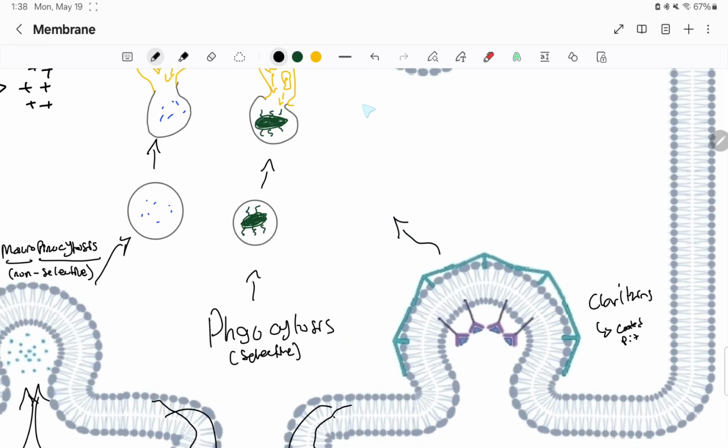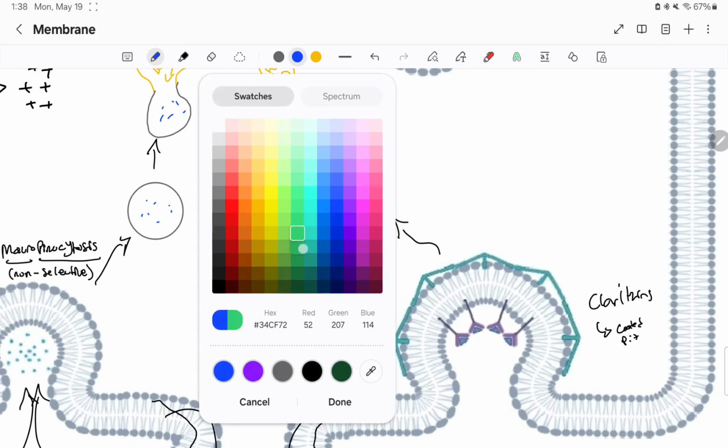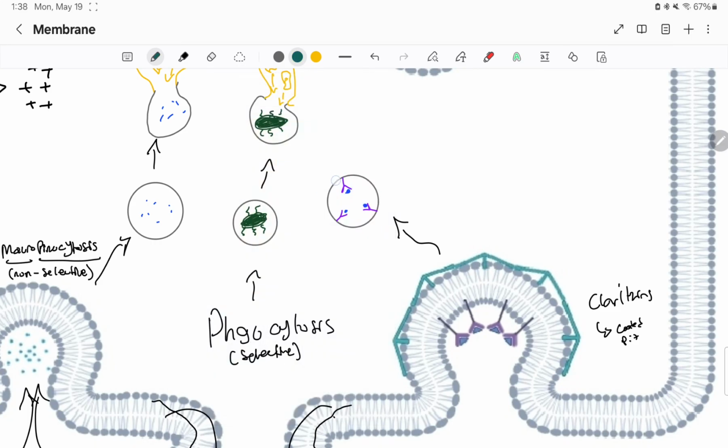And once this guy pinches off, you're not going to believe it. It will then form an endocytic vesicle with those receptors still in there, still having their ligands and everything, and still coated with that clathrin. Boom.